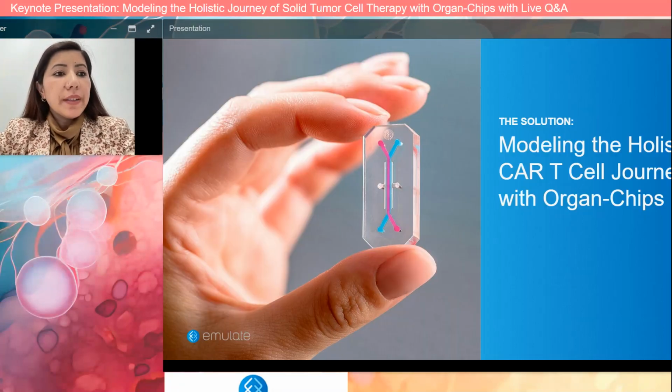So the solution to a better understanding of CAR T cell therapy is our flexible organ chip workflow to evaluate CAR T cell recruitment and killing, which allows you to model the complexity of human immune responses to recreate this holistic CAR T cell journey.